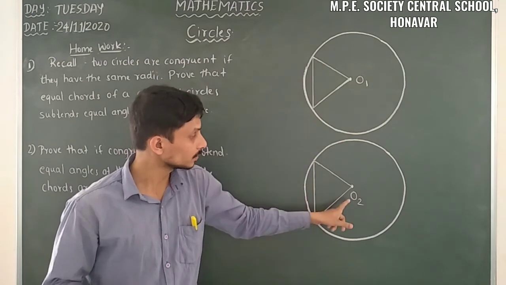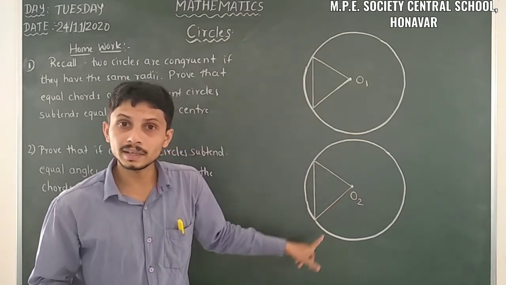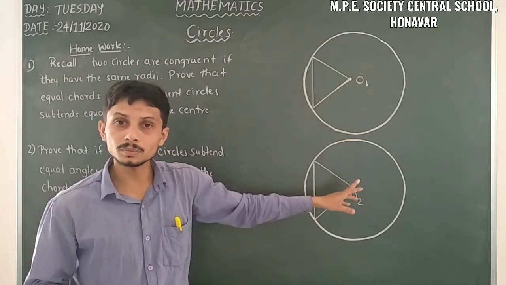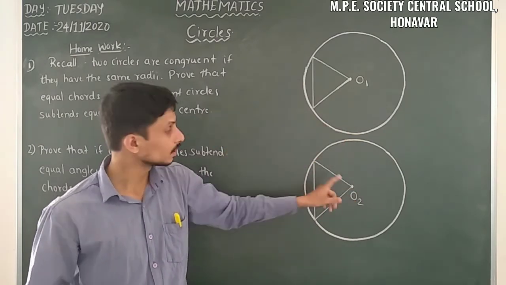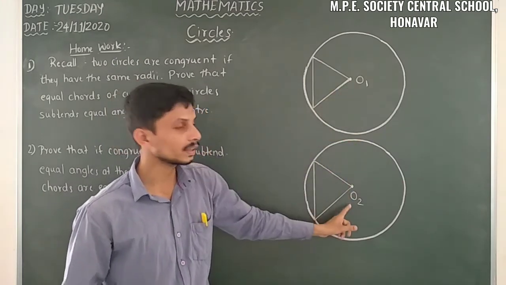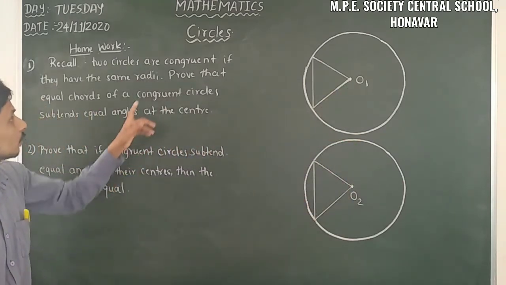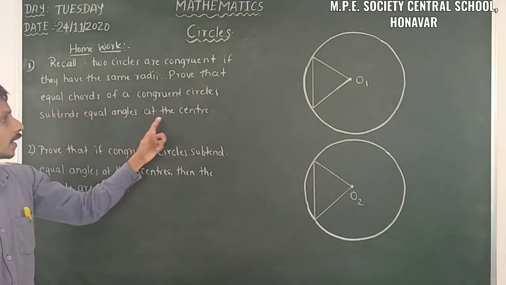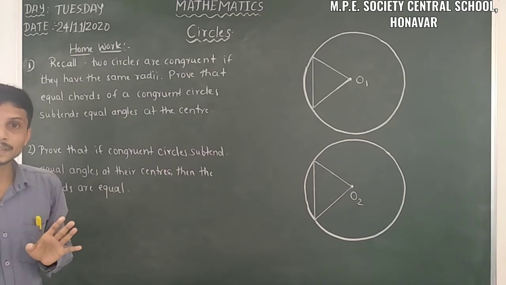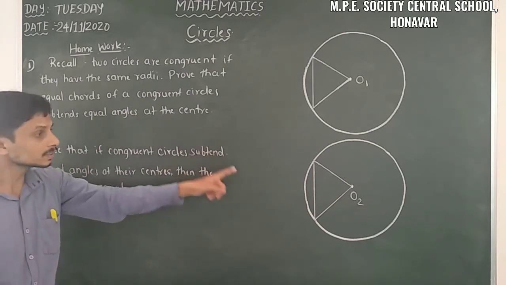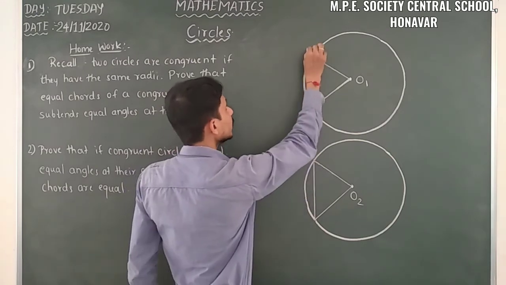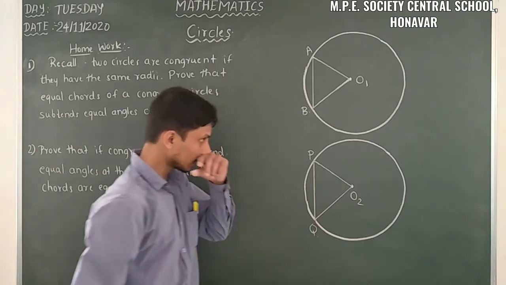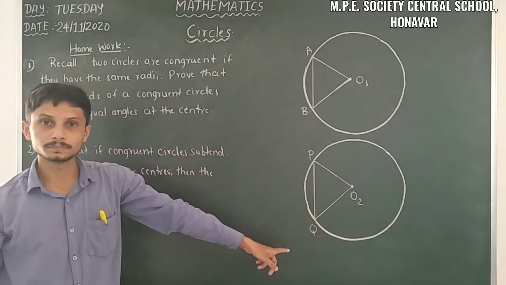In those two circles the radius is the same, but the centers are different: here it is O1 and here it is O2. Then prove that equal chords of congruent circles subtend equal angles at the center. That means it is given that AB is equal to PQ.